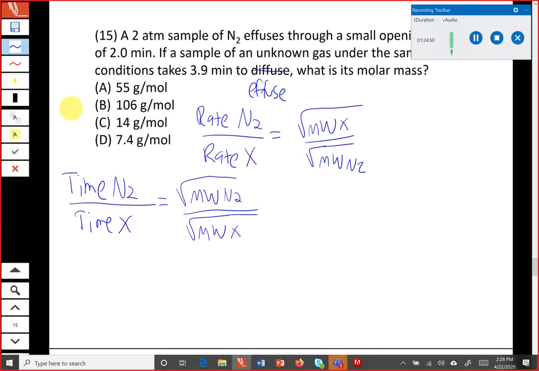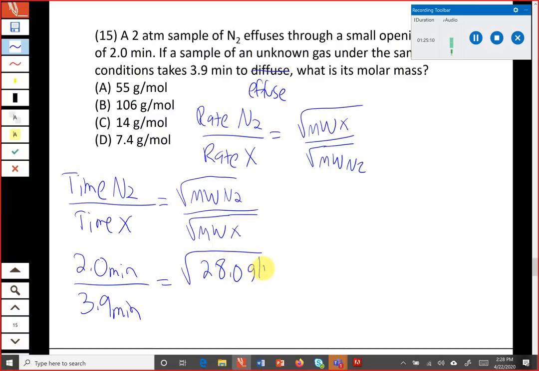Now we can put the numbers in and solve. The time it takes nitrogen to effuse is 2.0 minutes. The time it takes the unknown to effuse is 3.9. Those are both given in the problem. The molar mass of nitrogen was not given, but we can figure that out easily: N2 is 28.0 grams per mole.